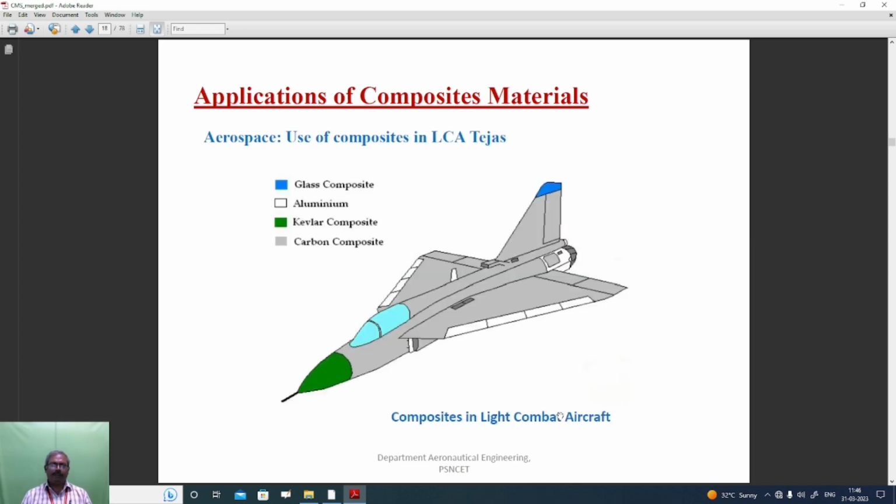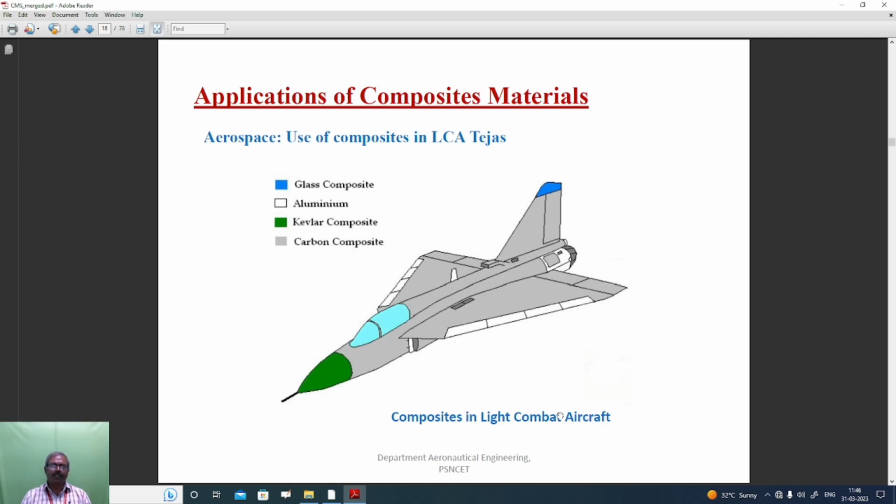So, some of the applications in aerospace of composite material. Use of composites in LCA Tejas. In this LCA Tejas, glass composites, Kevlar composite and carbon composite are used.